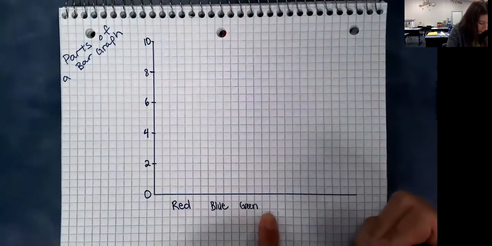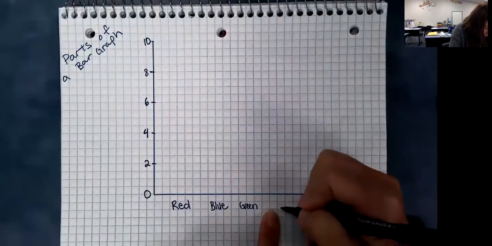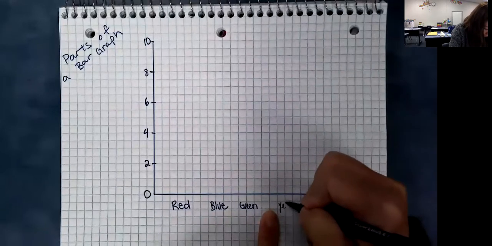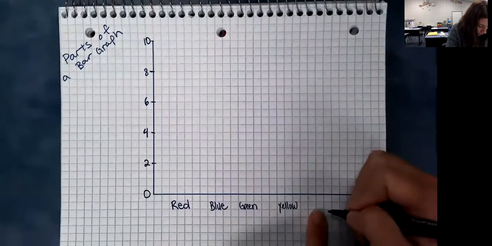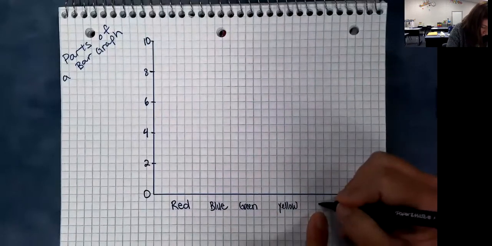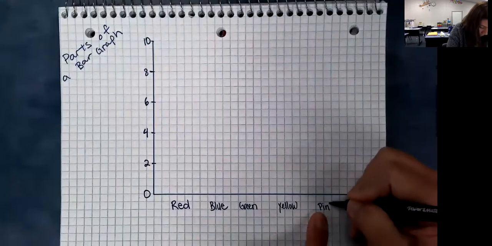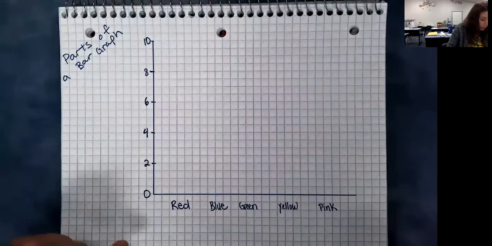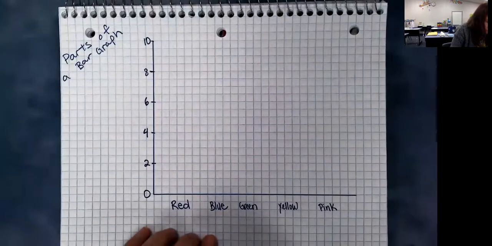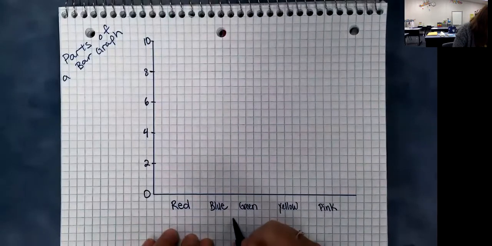I had green, I had yellow. And then I had pink. Okay, so these are the colors. So my categories are colors. So I'm gonna write my label here, which is colors.